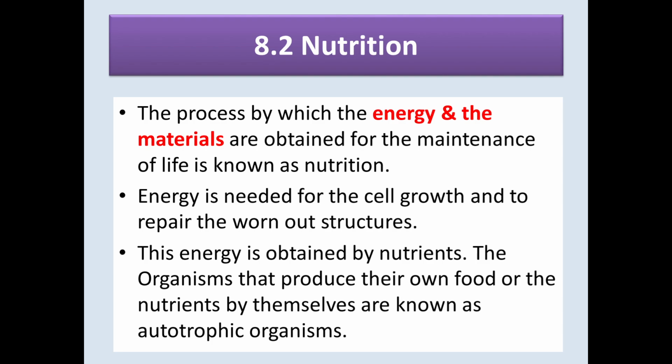The required energy is gained by their nutrition from the foodstuff they take, or the nutrients they absorb from the root system in the case of plants. The process by which energy and materials are obtained for the maintenance of life is known as nutrition.